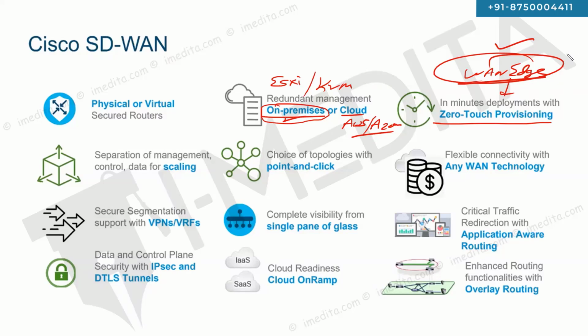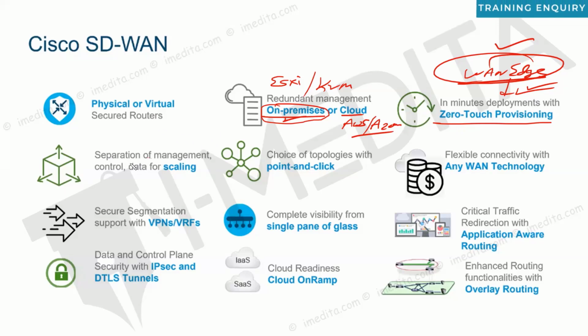That's all you need, and it will be deployed automatically. That's called zero-touch provisioning or zero-touch deployment, and that is supported by Cisco SD-WAN. Not only by Cisco SD-WAN, other SD-WAN providers also support the same. Even nowadays, broadband routers installed at your home also support zero-touch provisioning.